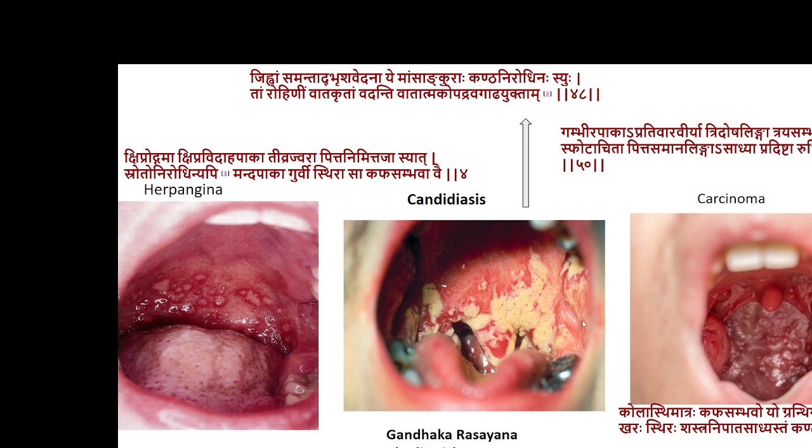Then candidiasis is one of the conditions where we have to be very careful, and it always occurs only when the patient has some immunocompromised condition like maybe HIV or tumors, and rarely purely unhygienic conditions or in patients who are significantly malnourished.